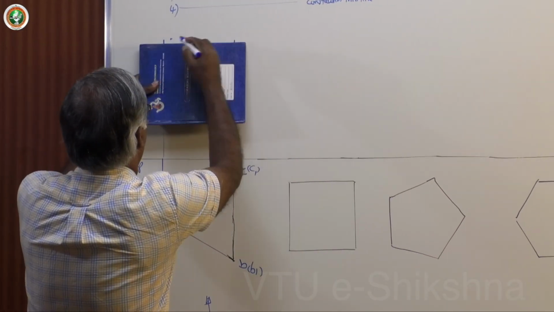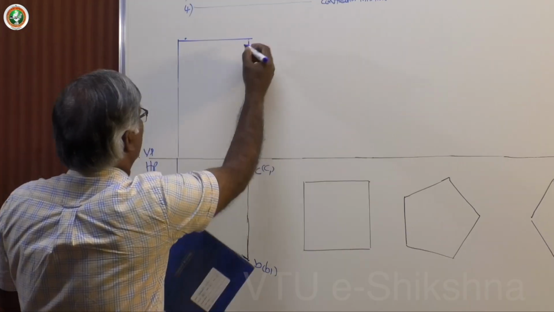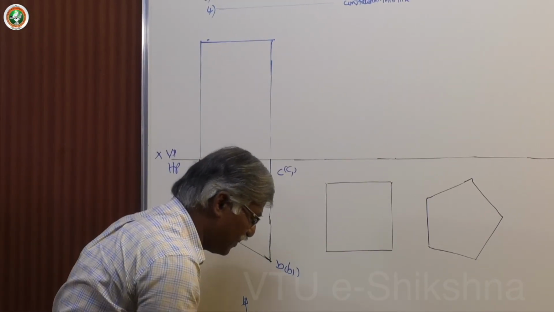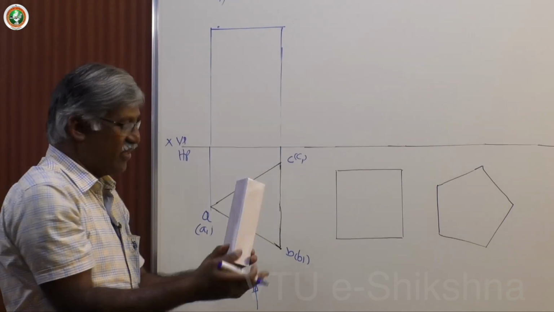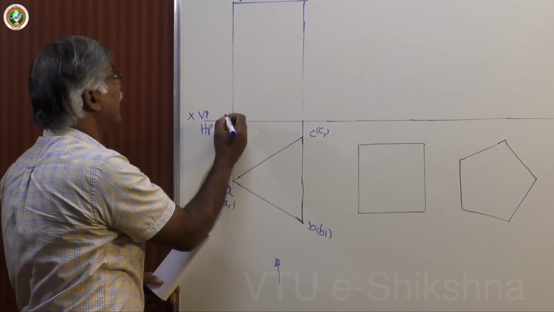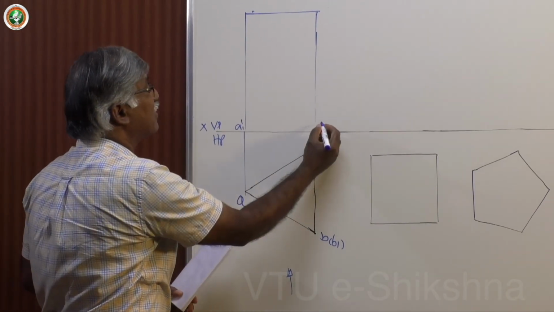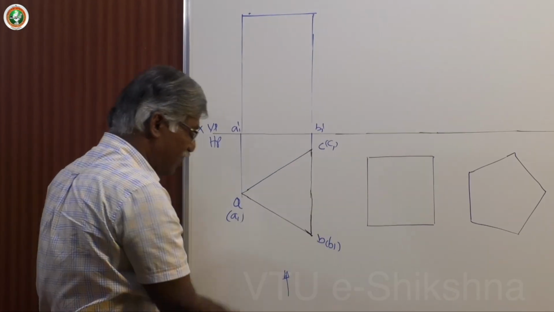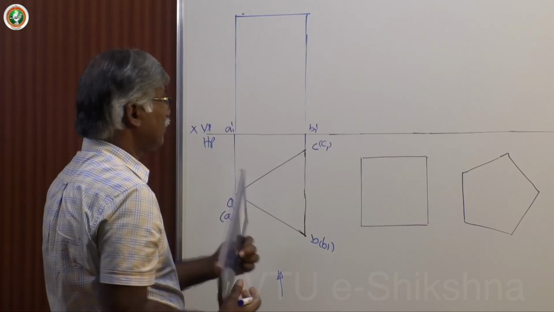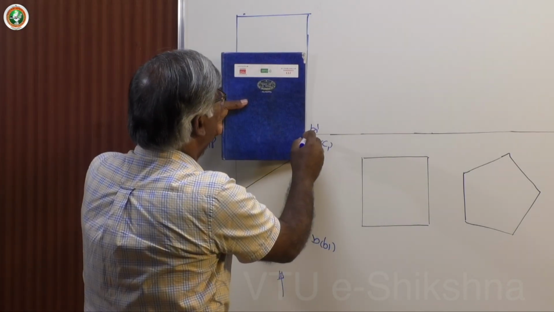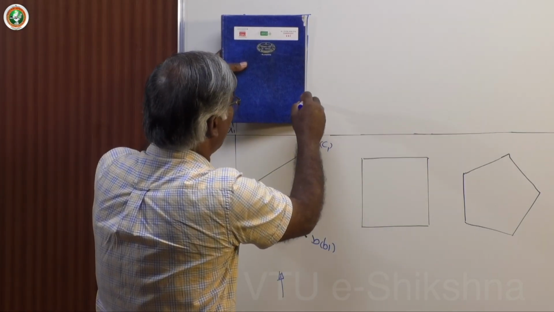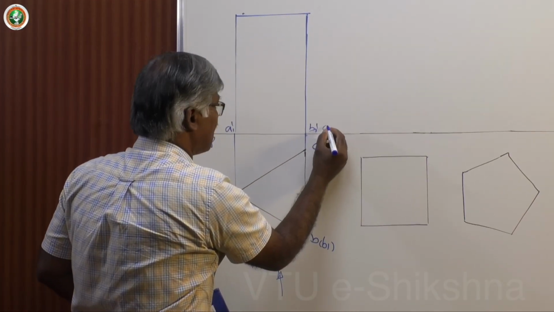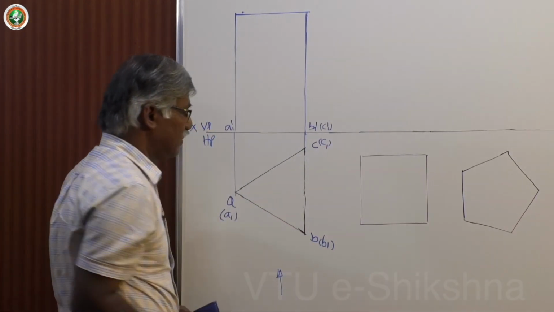Now, this particular line represents the top face of the solid, and this is the base of the solid. Now, here you can say A1 dash, B1 dash. If you look from the front, A1 dash, B1 dash are available and visible, and the corner which is just behind B1, B, is not visible, that is C1 dash.